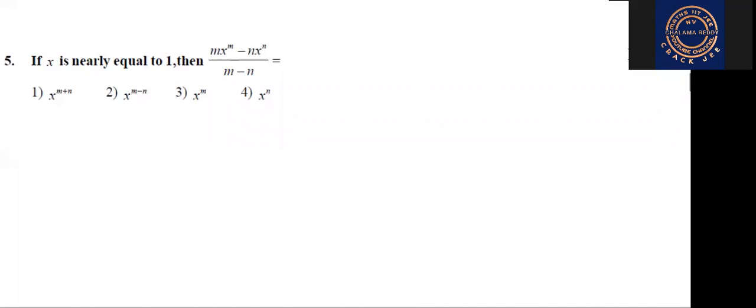If x is nearly equal to 1, it means x value is less than 1 or greater than 1, anyone, no problem. Either left neighborhood or right neighborhood. So here we can consider left neighborhood only. X is less than 1, but it is nearly 1 only.